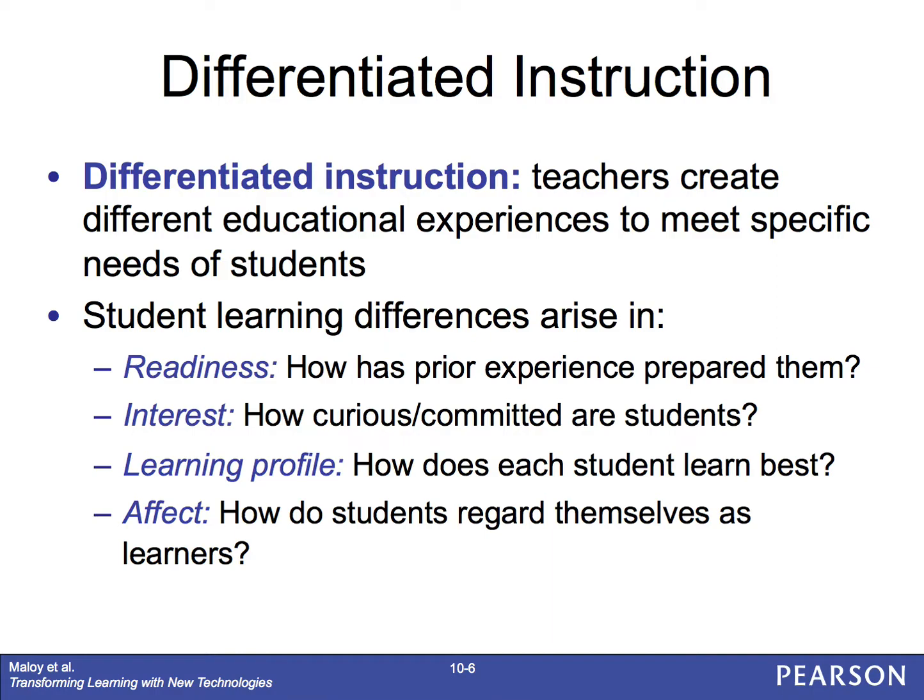So what we try to do is differentiate instruction to accommodate all learners. Before we had all this technology, that was very difficult to do because you didn't have the internet to help you. You couldn't put a kid on a computer and give them an assignment like you can nowadays.